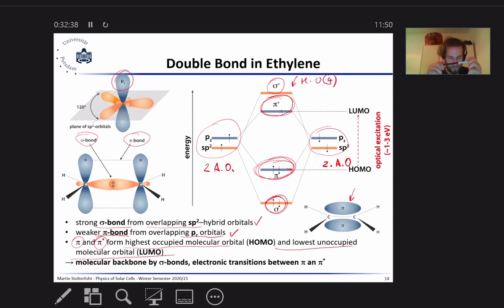Okay, and the whole molecular backbone is generally held together by sigma bonds, and the electronic transitions and conduction happen between pi and pi star molecular orbitals.